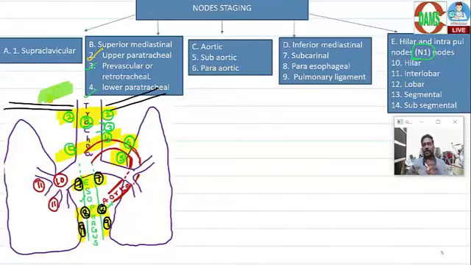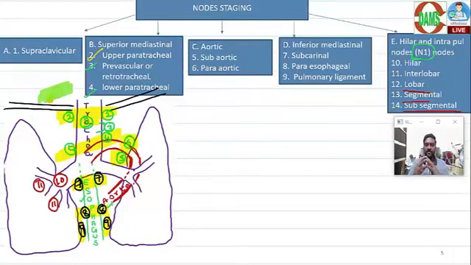So between the lobes, and still going deeper, within the lobe we have lobar lymph nodes, and still deeper within the segments we have segmental lymph nodes, and in the subsegmental level we have subsegmental lymph nodes. Generally on a CT scan you can see up to lobar and interlobar; segmental and subsegmental are a bit difficult.